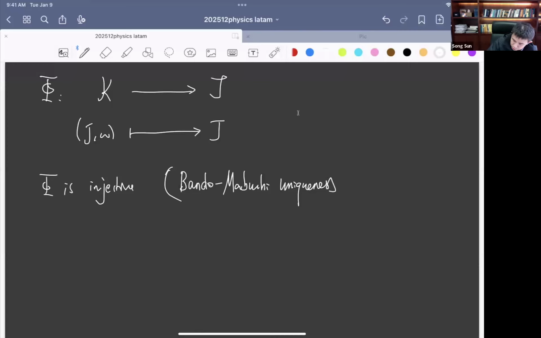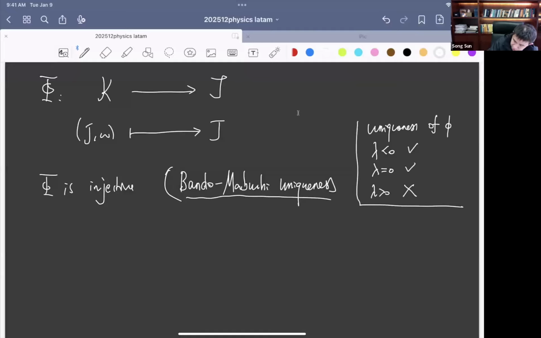We said that in the Calabi conjecture, for λ positive uniqueness is true, and λ zero uniqueness is also true, while uniqueness of φ fails. But Bando-Mabuchi says the following uniqueness is true.